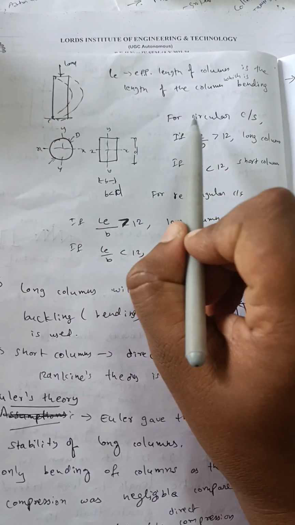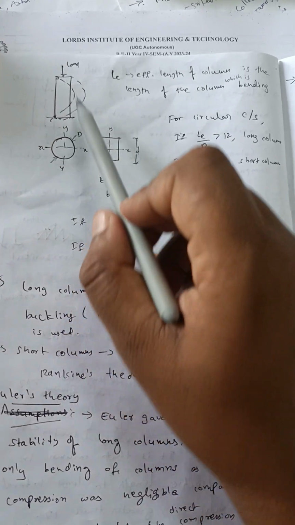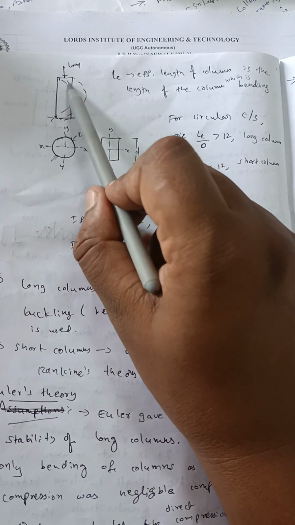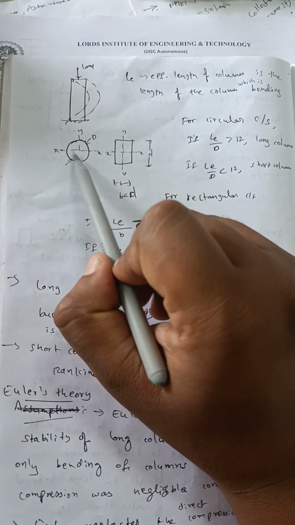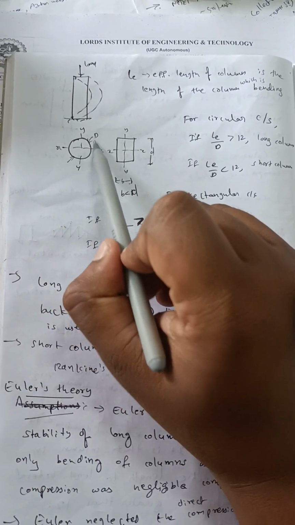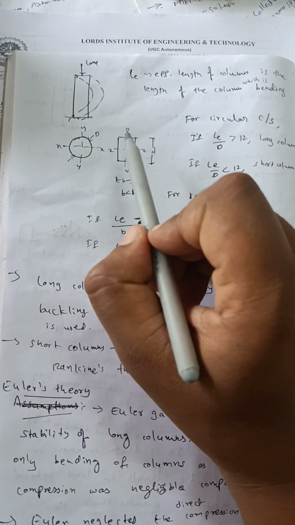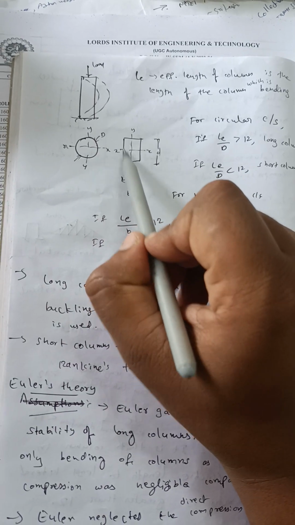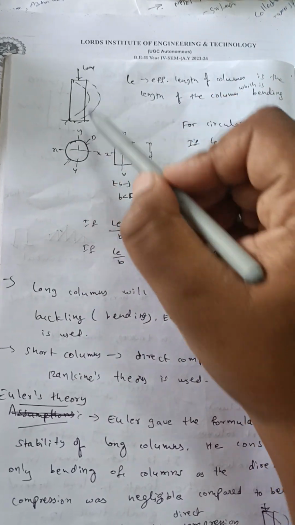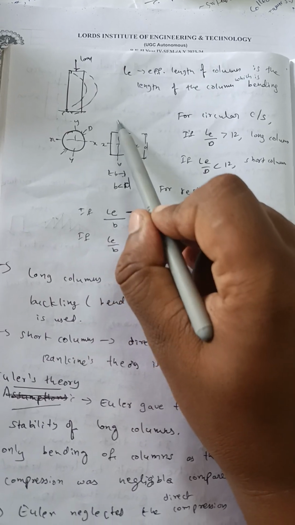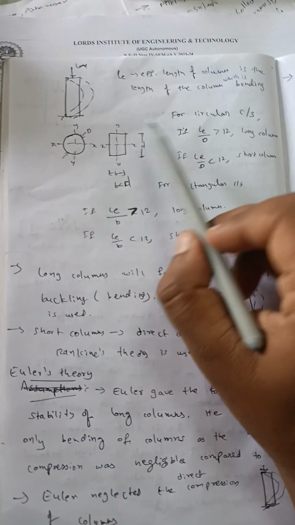Now for a circular cross section, there is a column of diameter d, with axes xx and yy. And in another case, we take a column with a rectangular cross section of width b and depth d, with axes xx and yy.